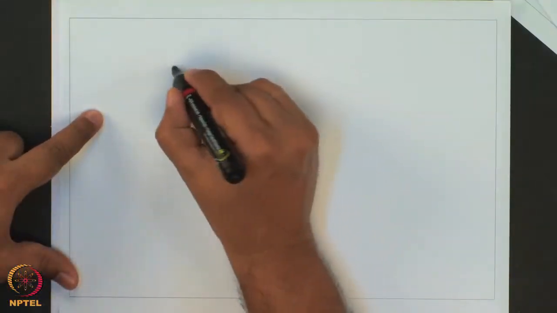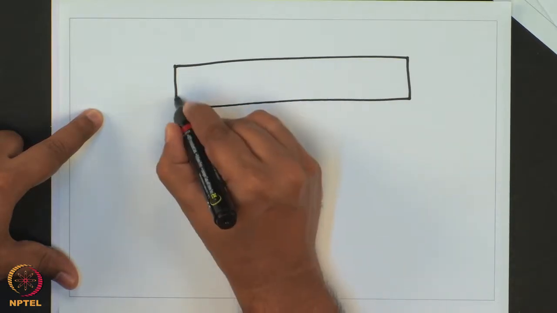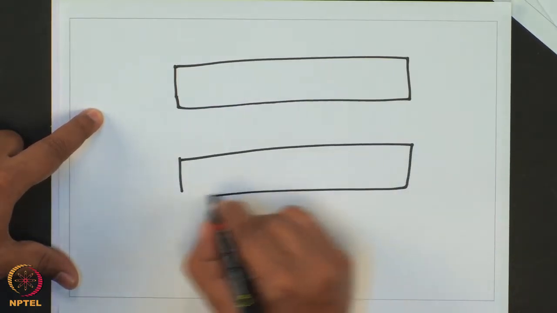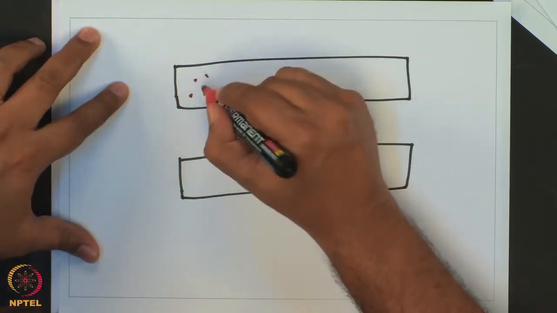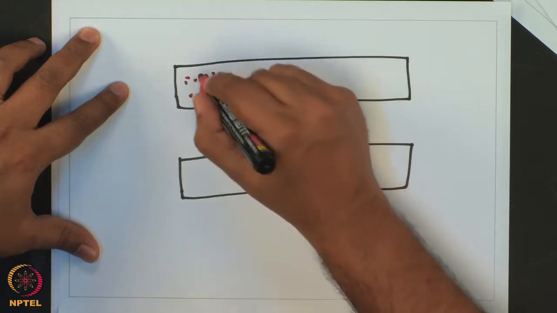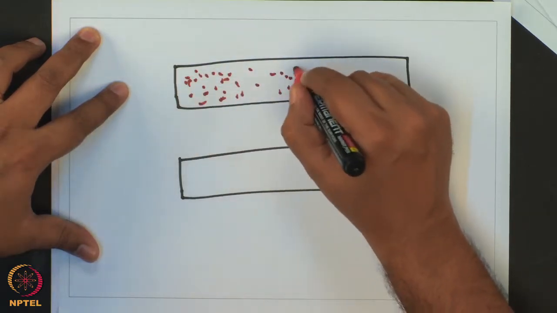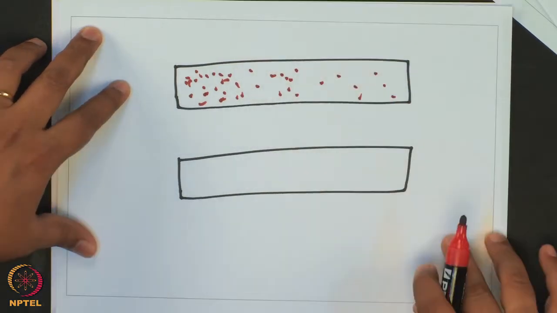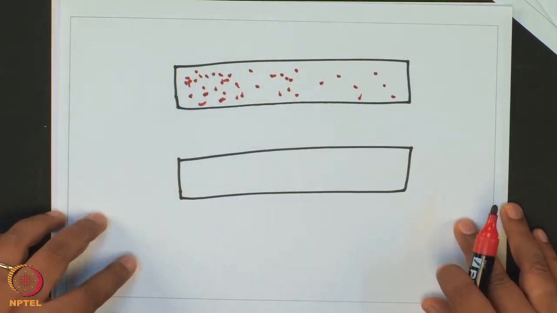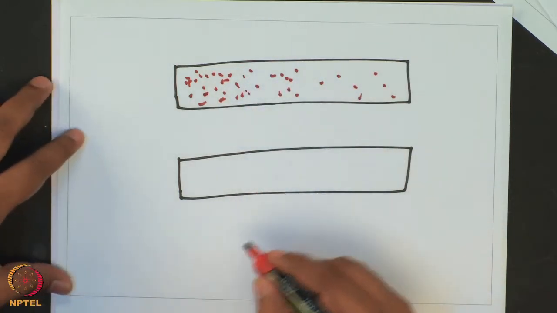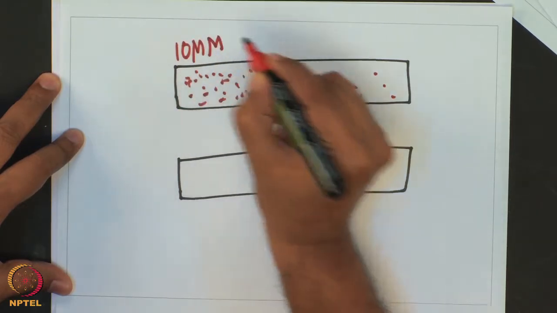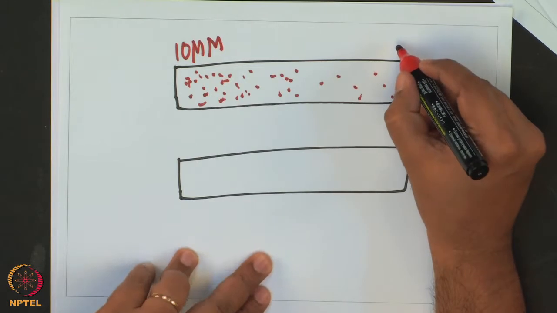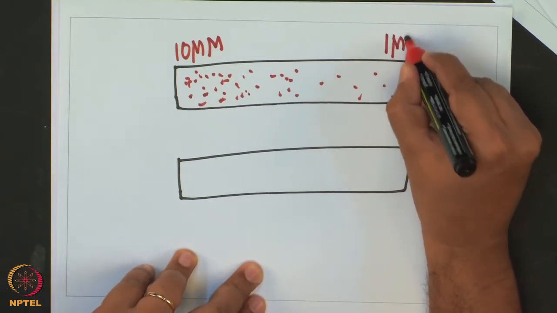So first, let us draw two boxes. If you have high concentration here, so here it is 10 micromolar, and 1 micromolar here.